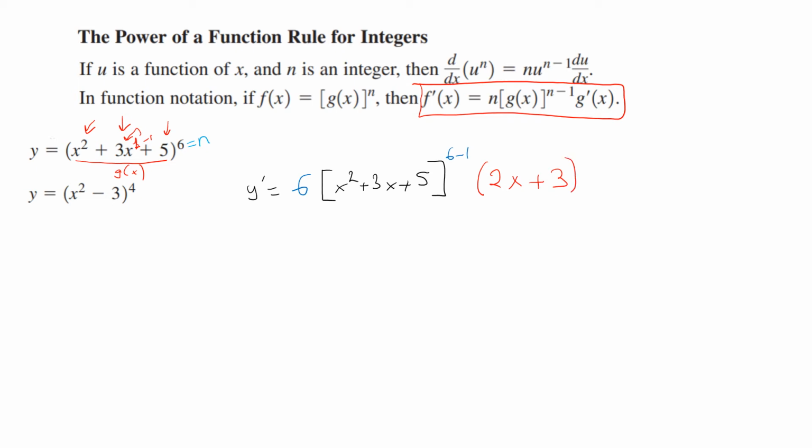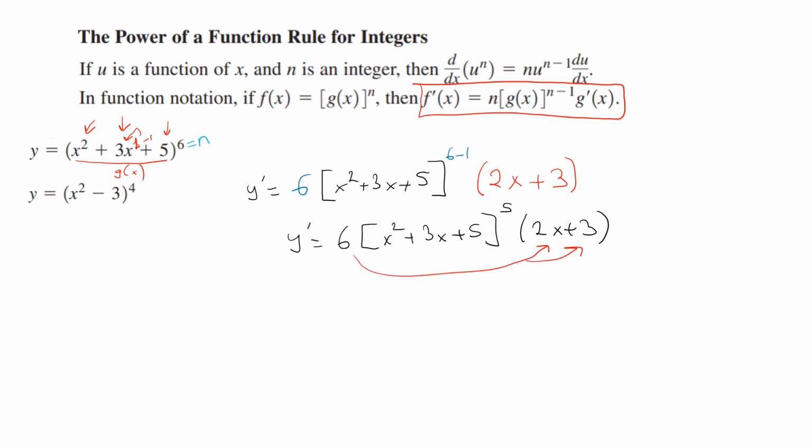So if I want to simplify, it comes up to 6(x squared plus 3x plus 5) to the power of 5, and then I have (2x plus 3). If you want to simplify it even further, what you can do is multiply 6 by 2x and 3, because this part is going to be confusing.